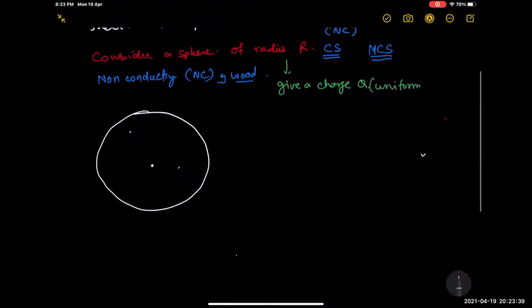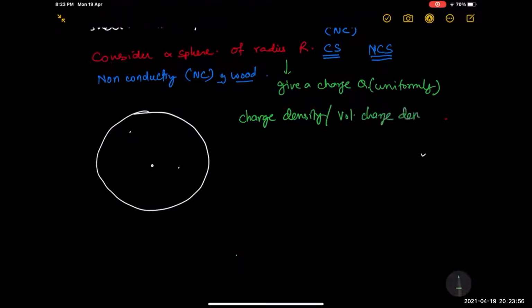What is the meaning of uniformly? Uniformly means it is the same everywhere. Then we will talk of something called charge density, or volume charge density. Do you remember we talked of linear charge density and surface charge density? Linear charge density in the case of a rod, and surface charge density in the case of a plane.